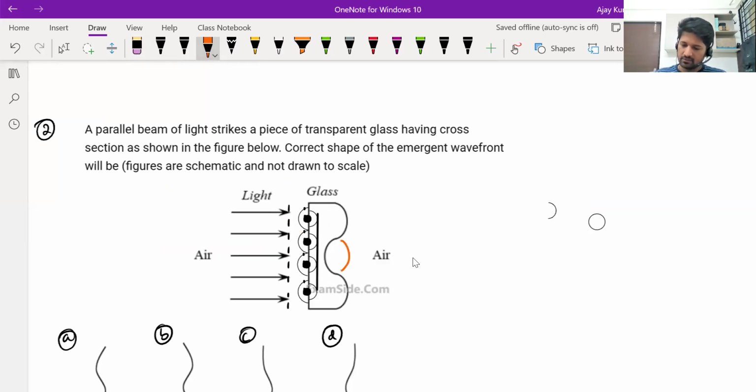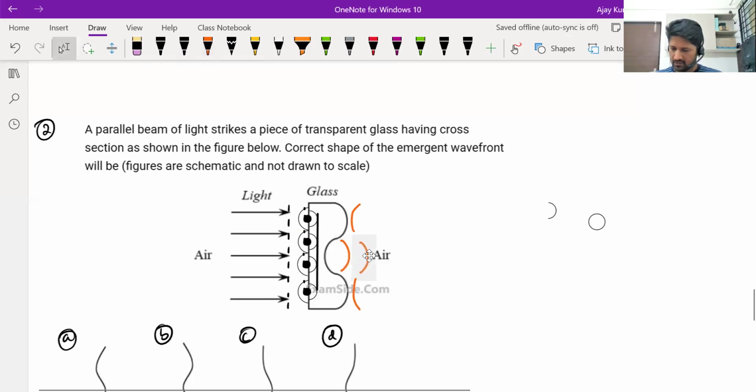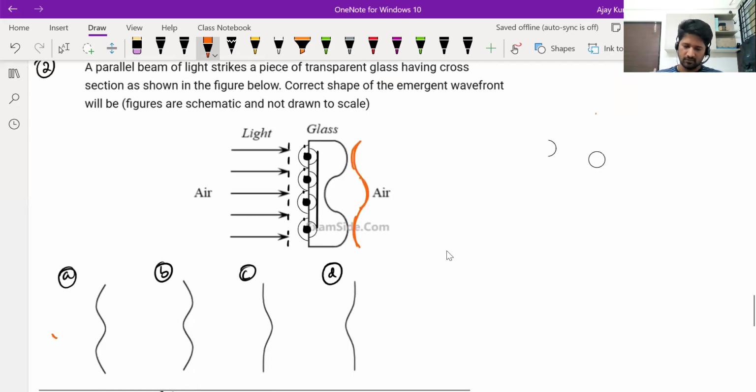And where it is convex to the right, the wavefront would emerge convex to the left. So finally, when light completely comes out of this slab, the wavefront will be shaped like this. First option is the correct answer. Is this clear to all of you?